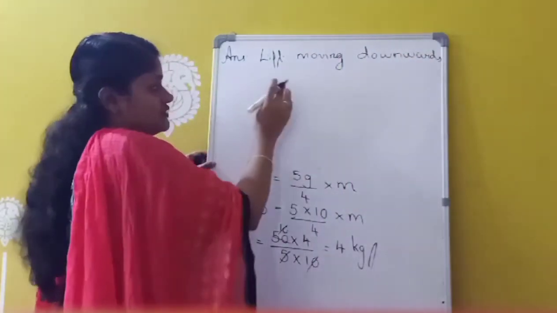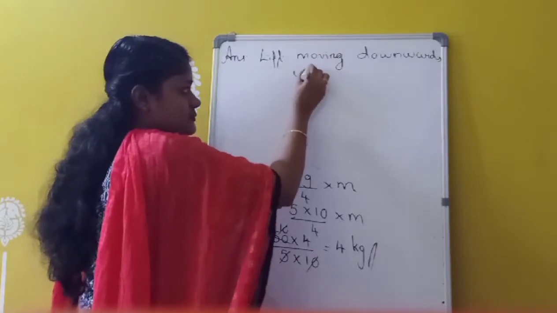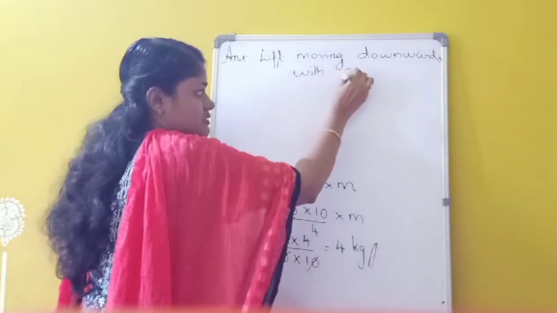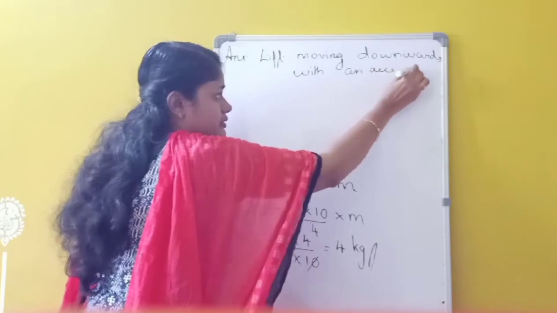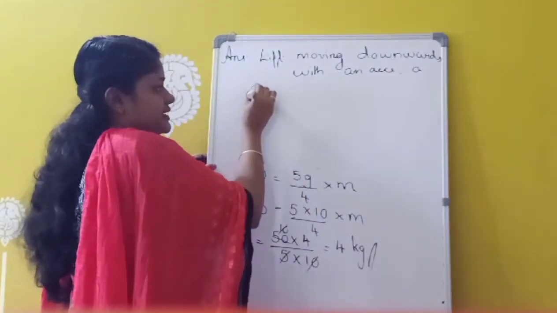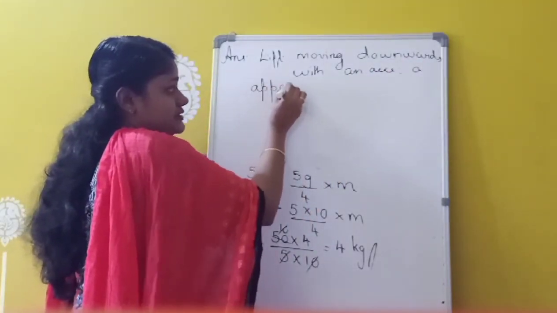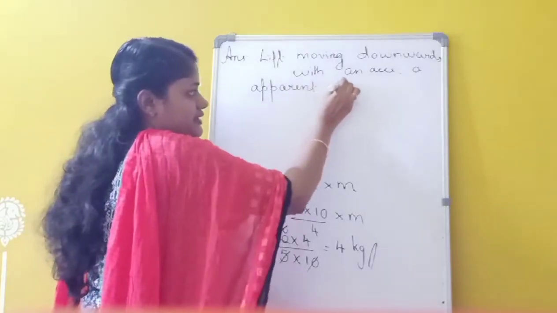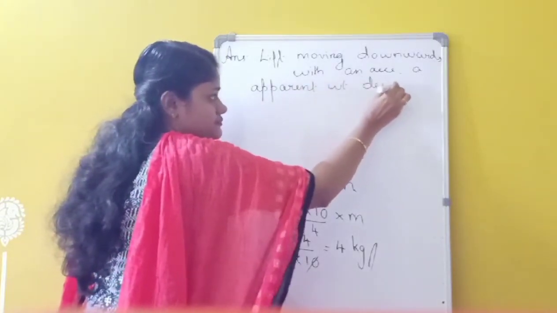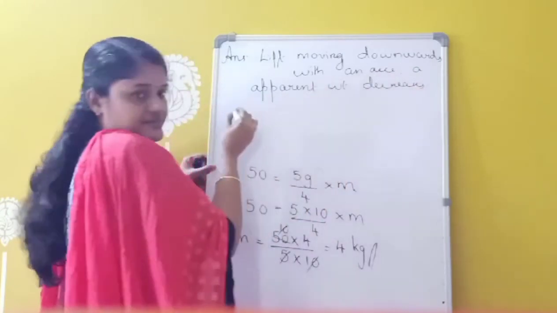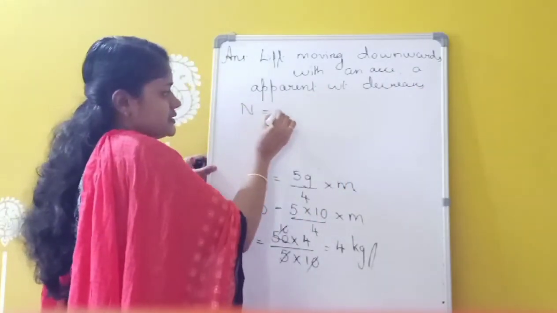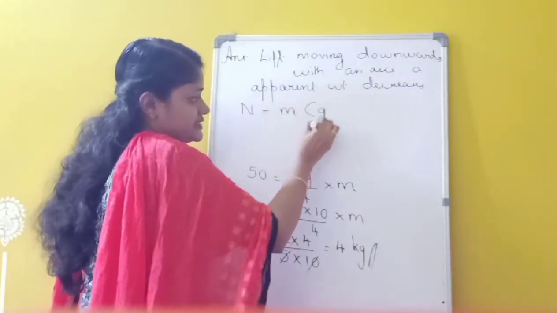When the lift is moving downwards with some acceleration a, what will happen to the apparent weight? The apparent weight will decrease. It is given by the formula N equals m into g minus a.